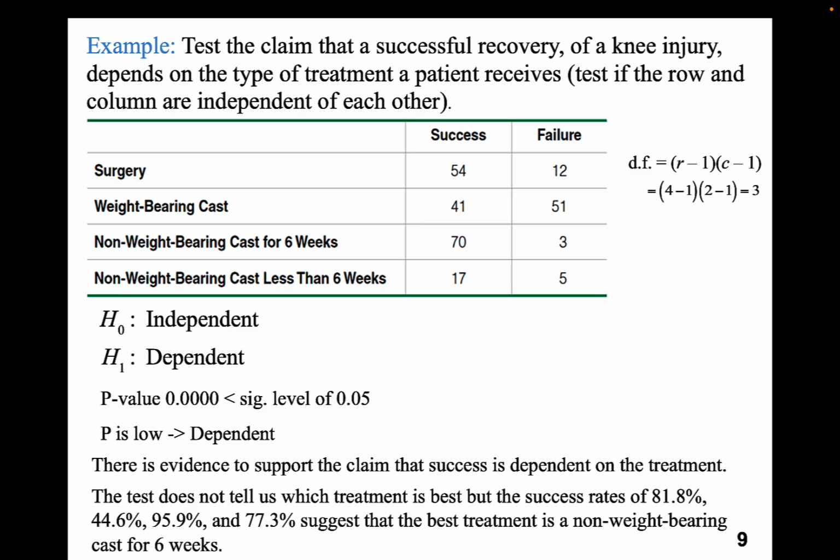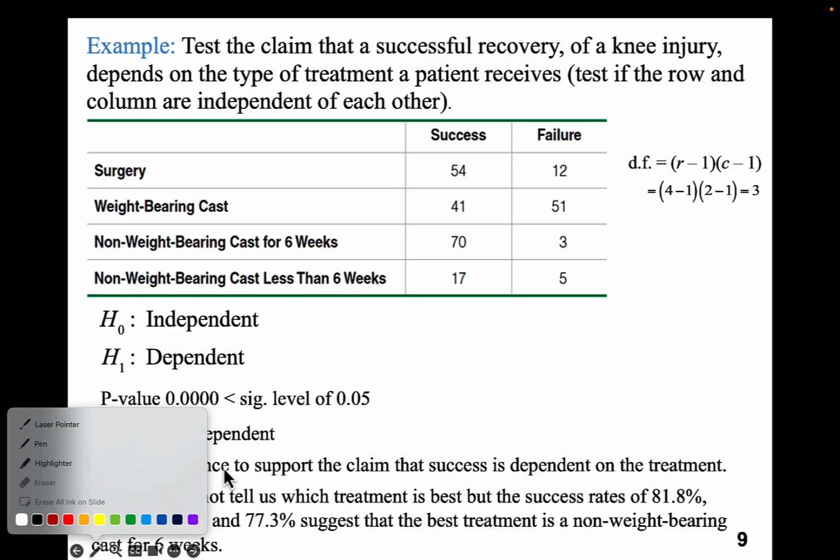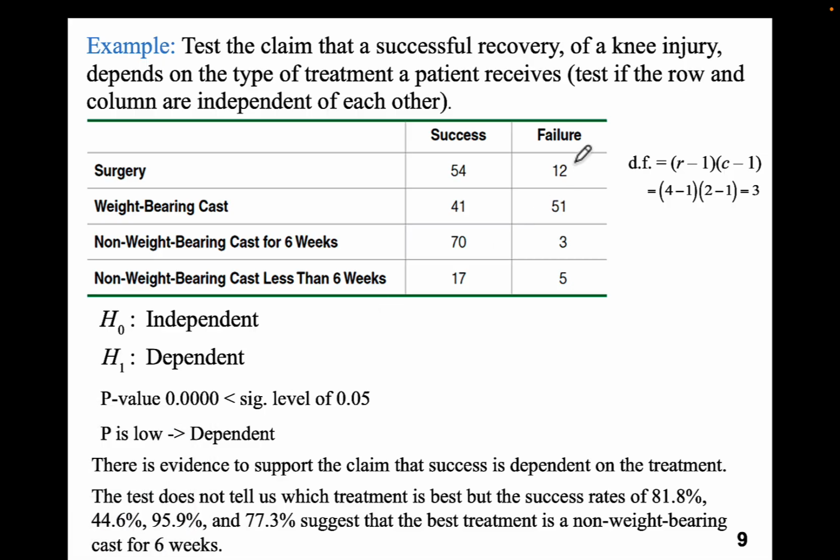Now the test does not tell us which treatment is best, but we could calculate the success rates. So if you're asked, what is the success rate for surgery? It would be 81.8%, and you could calculate that by, you just need to know the total number that had surgery.